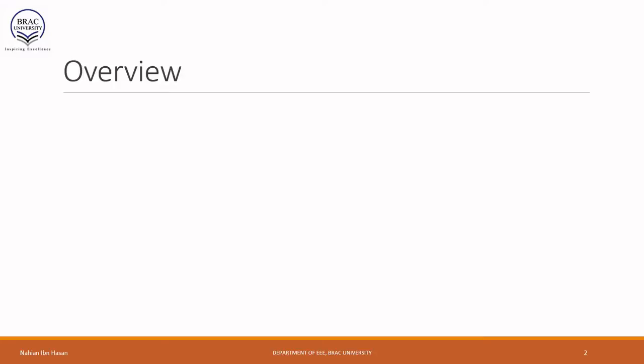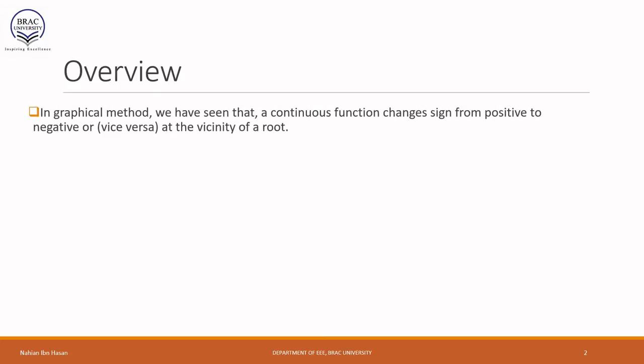We have already seen that graphically in most of the cases the function changes its sign in the vicinity of the root. So that's the basic criteria of applying the bisection method. In the bisection method, we initially assume two separate points to locate our boundary, and within that boundary we assume that there is a root.